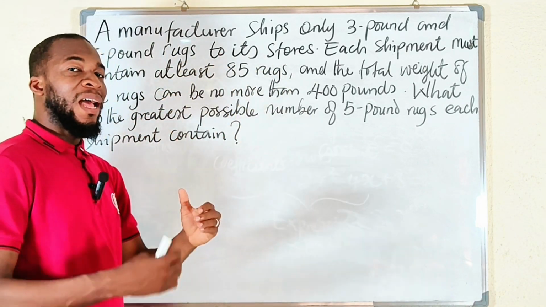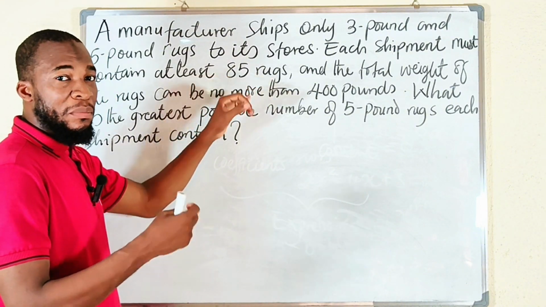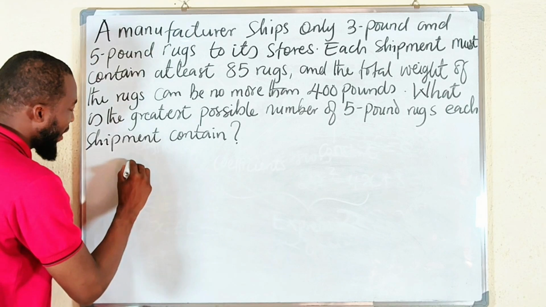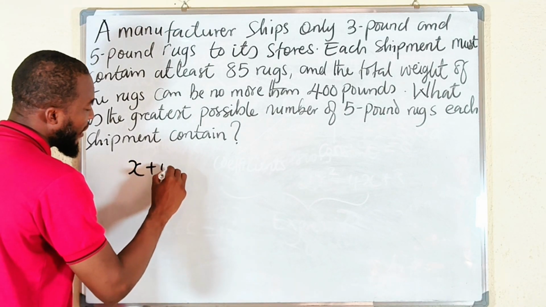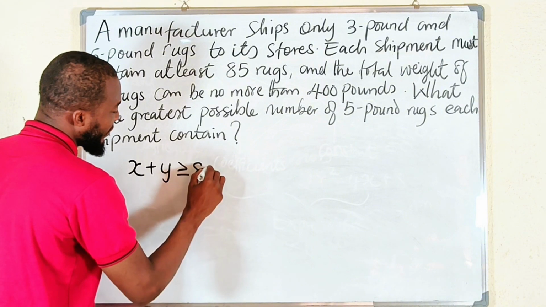What does that mean? The minimum it can be is 85, but it can be above 85. So we say that X plus Y is greater than or equal to 85.